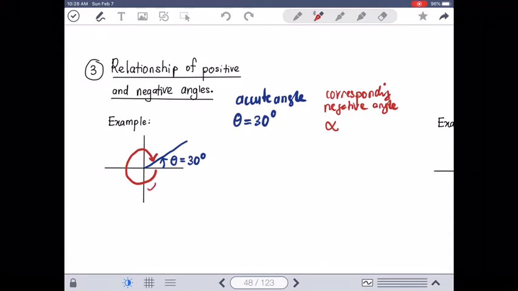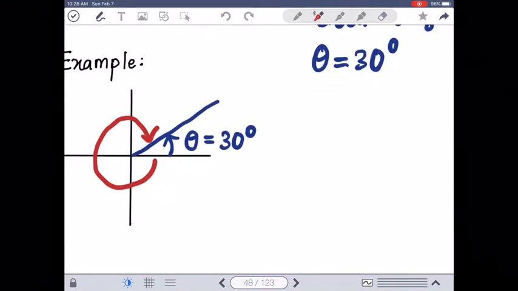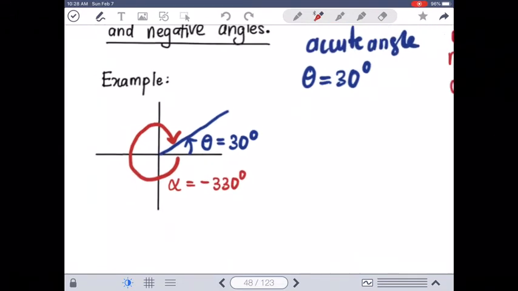So lambda is just equals to obviously negative 360 degrees minus 30 degrees. So lambda is just equals to negative 330 degrees.